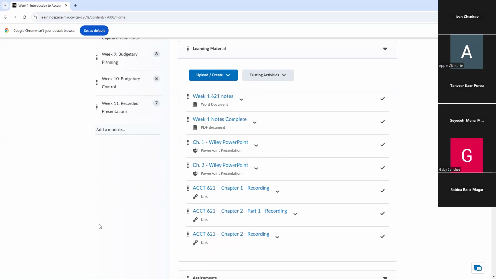What I'm going to do now is upload a file for you, and we're going to start working with that file. Just give me a second to make some changes on the file.